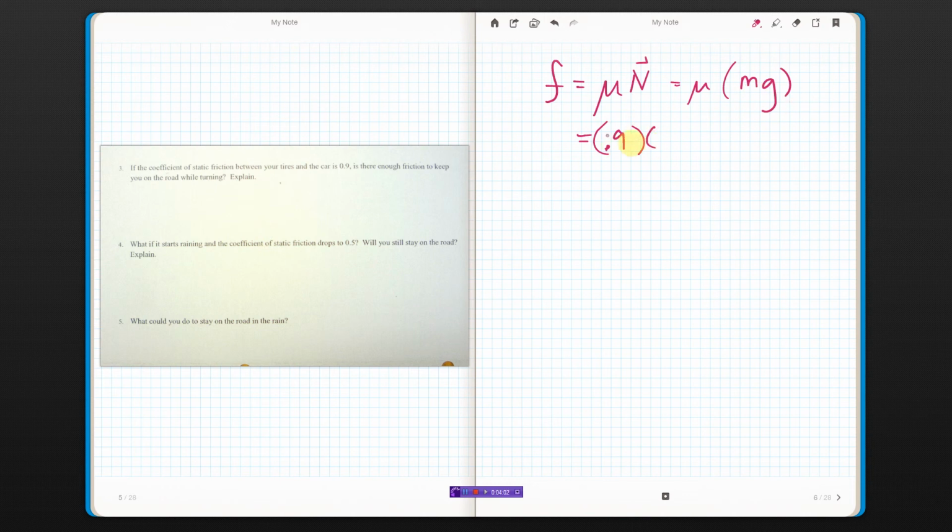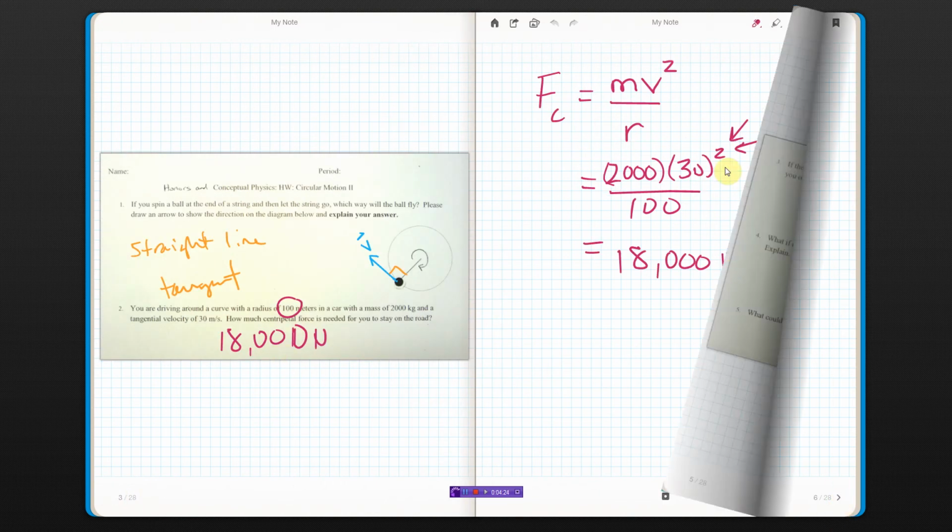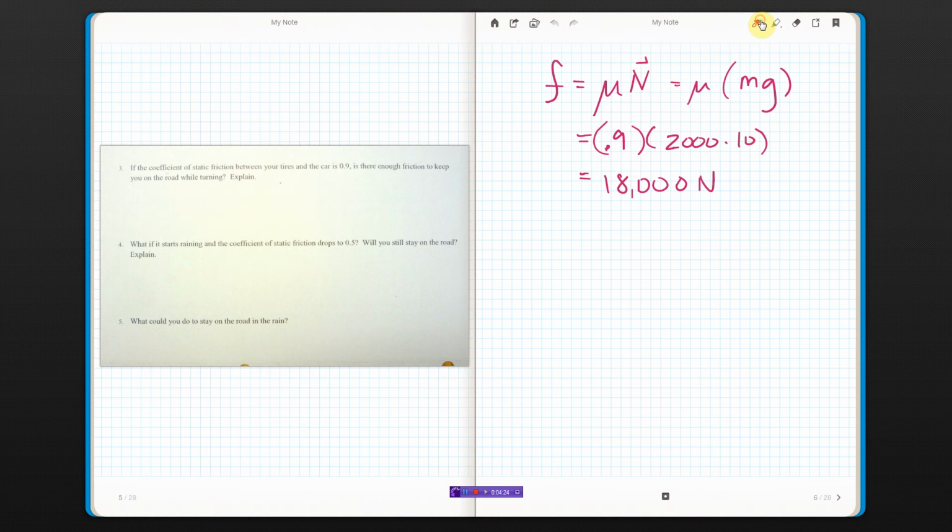So what I have here is m, which is 2,000, times g, 10. So I end up with 0.9 times 2,000 times 10, that is 18,000 newtons. This is the maximum amount of static friction that's available, and I needed exactly that much. So the friction is exactly equal to the centripetal force.